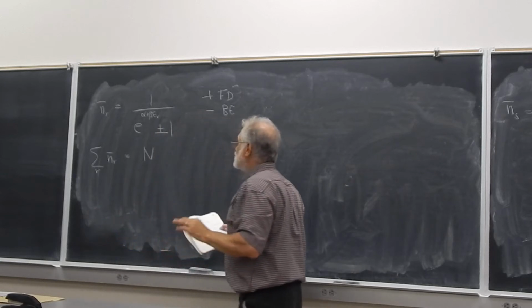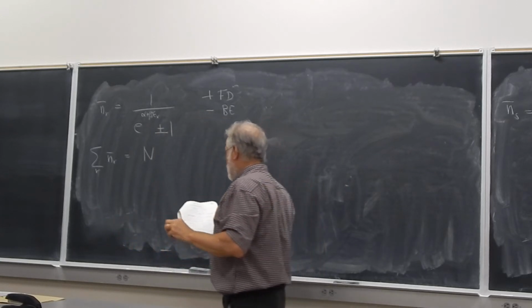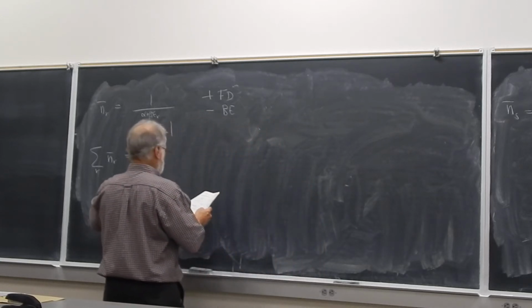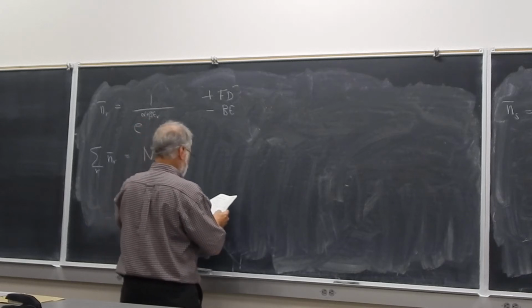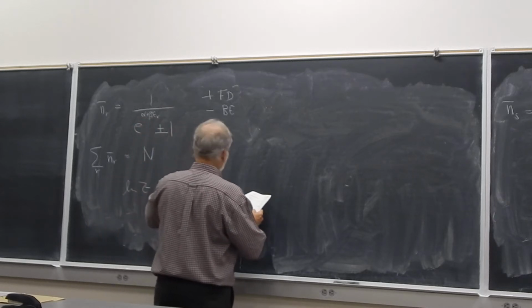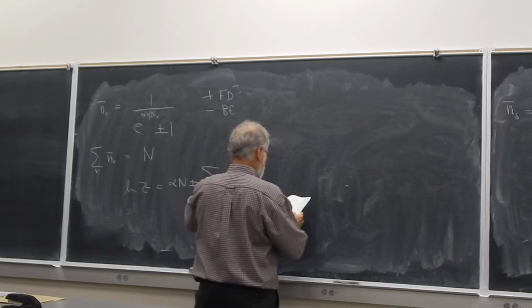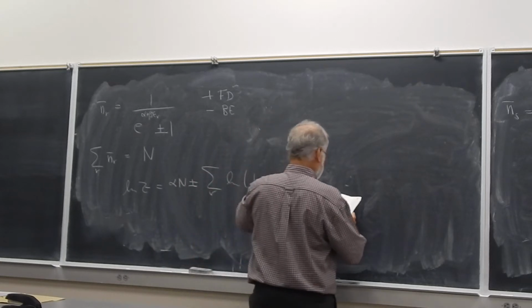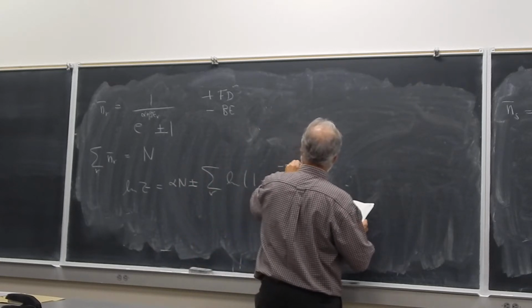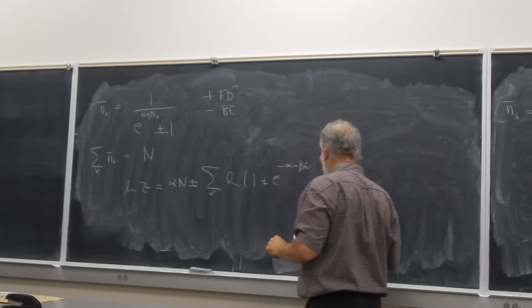And I'll use this to determine alpha. My partition function, log z, is going to be equal to alpha n plus or minus the sum over r of log of 1 plus or minus e to the minus alpha minus beta e sub r.